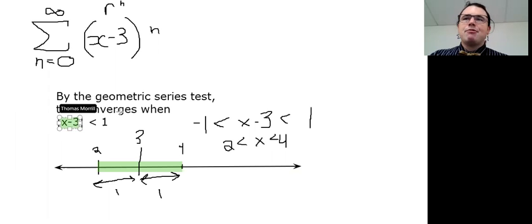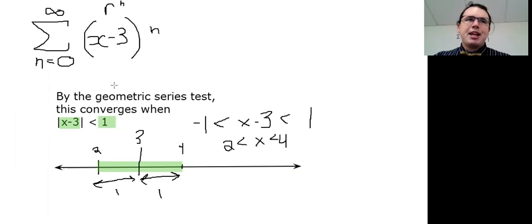This absolute value of the difference is measuring the distance from x to the number 3. That distance has to be strictly less than 1.